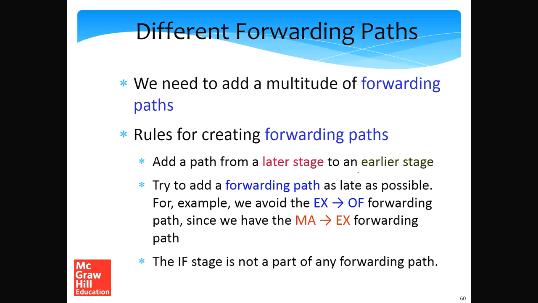So in this case, we see that forwarding any instruction or any value to the OF stage is not the right idea. The reason being that we would not actually use anything in the OF stage. So we would rather allow the instructions to proceed through the pipeline and use and forward at a later point in time. The IF stage is not a part of any forwarding path. That's the next thing.